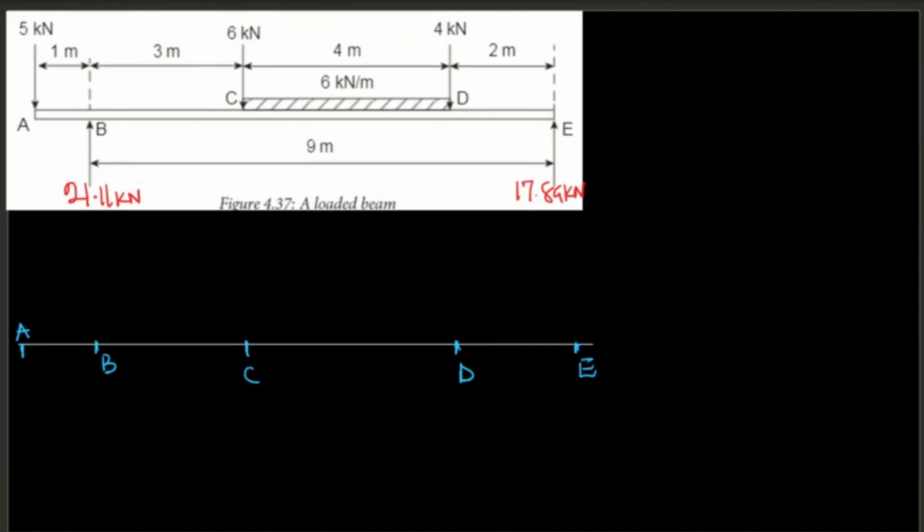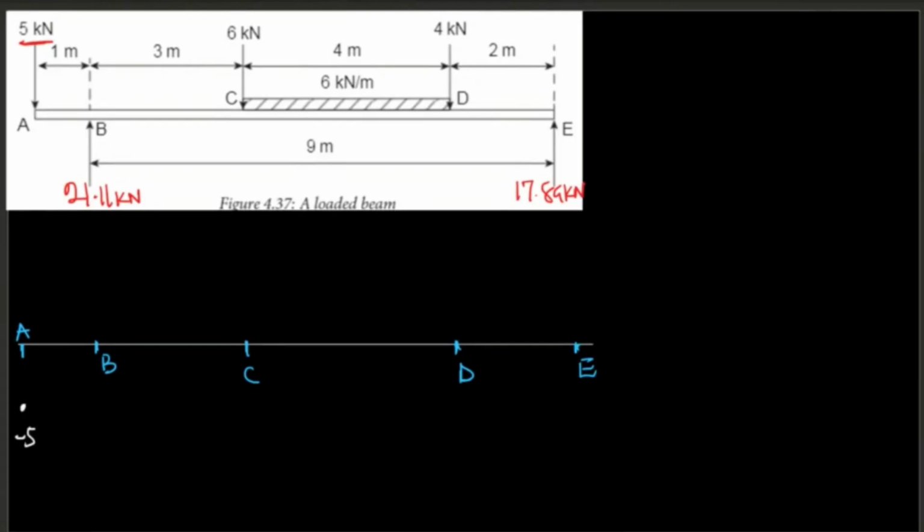So how am I going to start? I'm going to start by indicating the dot. The first one here at the tip is 5 kilonewton, pointing down. So I'm just going to indicate that here. This is going to be -5. And then between A and B, there is a straight line.